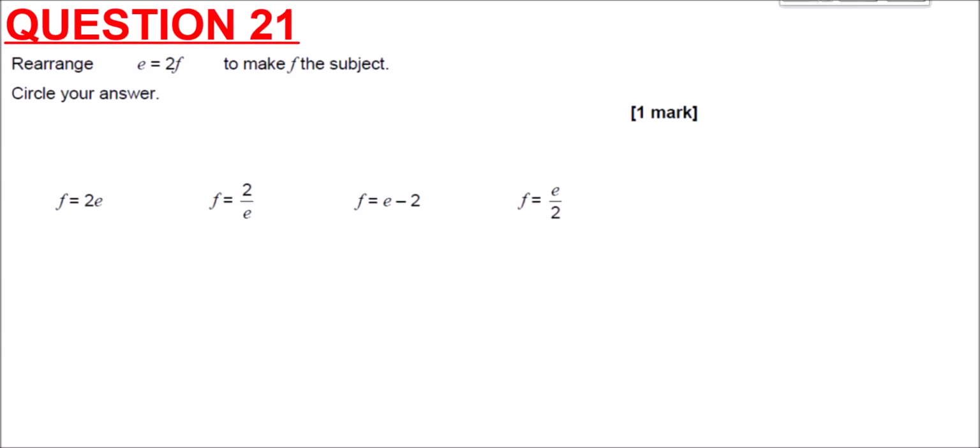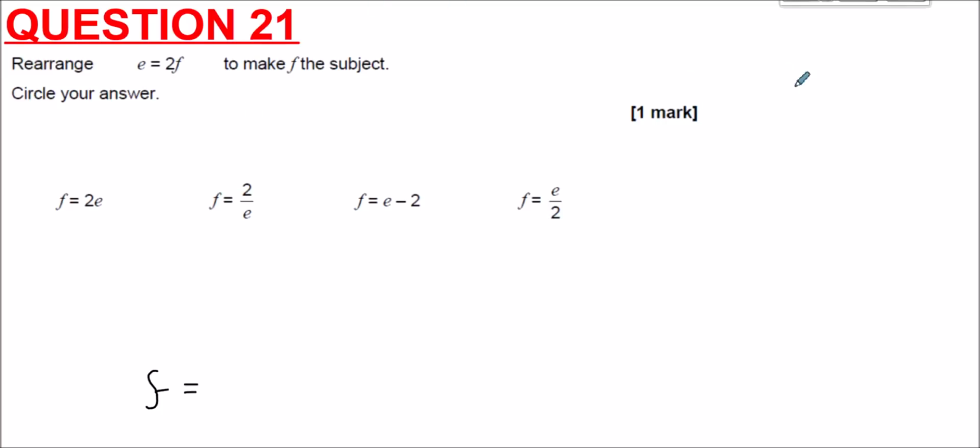Question 21. Rearrange E equals 2F to make F the subject. And so if F is the subject, that just means we want the equation to be in the form F equals. So F needs to come first. At the minute, E is the subject of this equation.